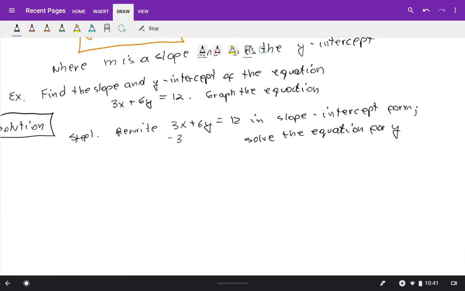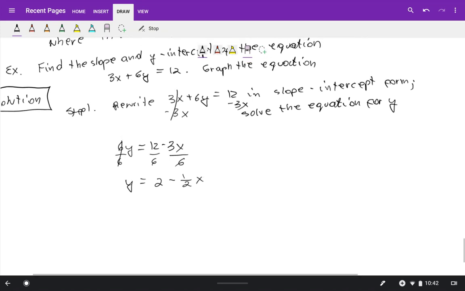We subtract 3x from both sides. So we're getting 6y equal 12 minus 3x, and then divide each by 6. So y is equal to 2 minus 3 over 6, which you can reduce to 1 over 2 x.